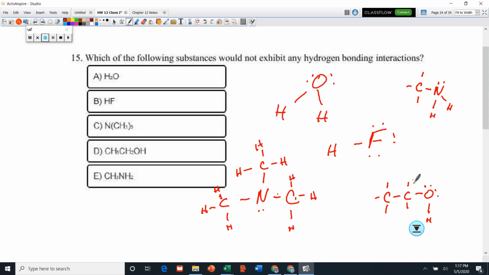So 4 of these can exhibit hydrogen bonding and 1 of them cannot.